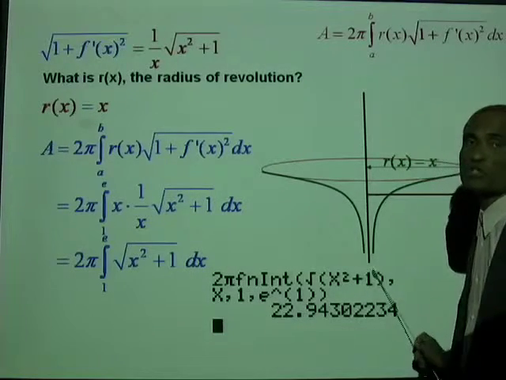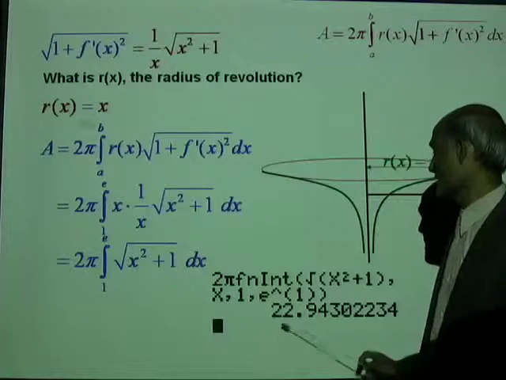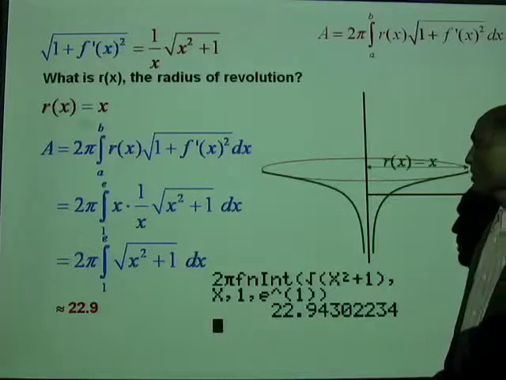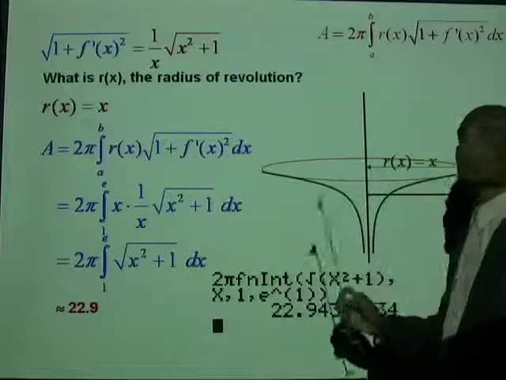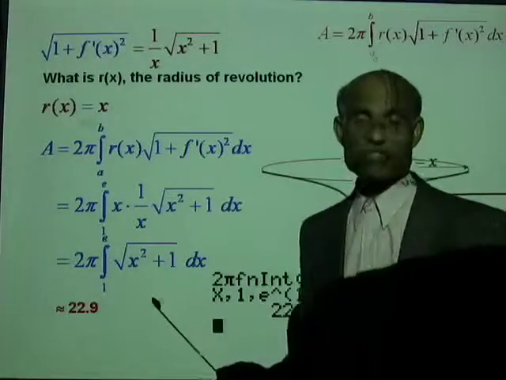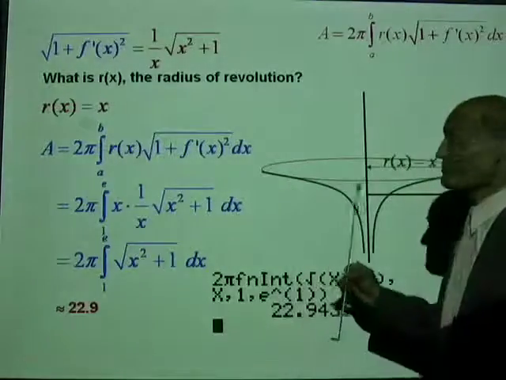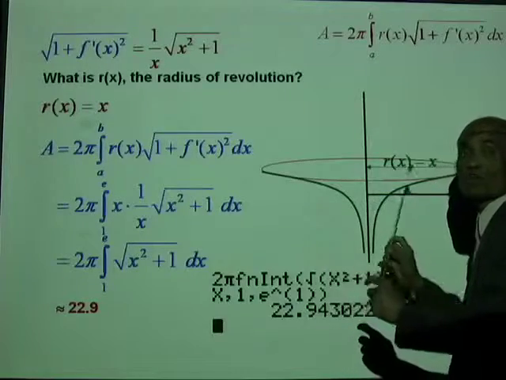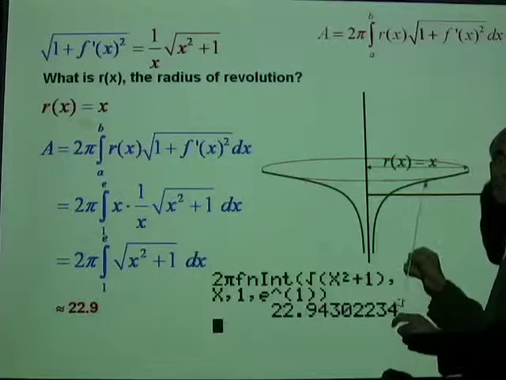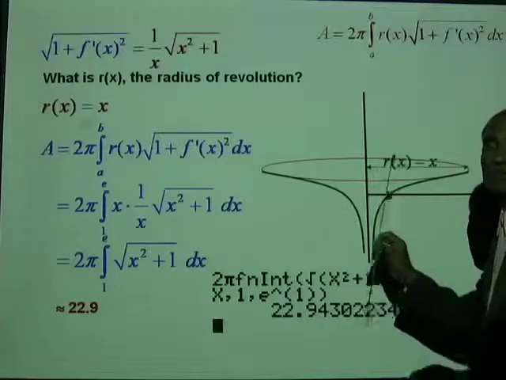Alright, follow these keystrokes, and that will give you 22.9 is the approximate area of that surface generated. I hope you can visualize how this surface looks like when this curve is revolved about the y-axis.